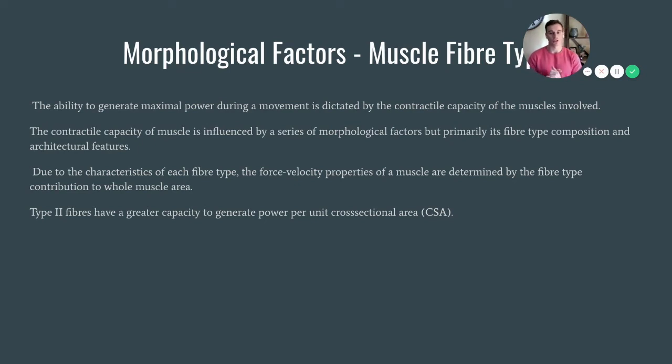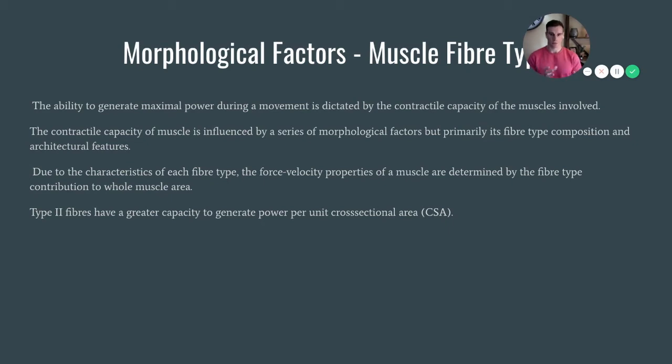I'm sure you don't need me to remind you of the differences between type 1, type 2, type 2B fibers. It goes without saying that whichever muscle fiber type you have predominantly within the muscle groups that are working, it's going to affect your ability to generate maximal power.